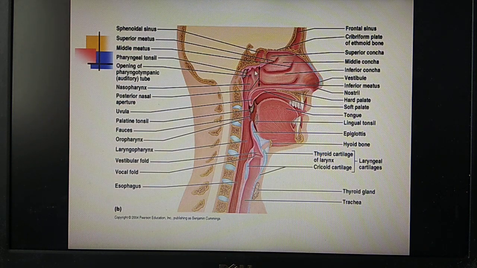Here you can see the common tract, and the small tonsils. As I told you, this is the hard palate, this is the soft palate, and this is the tongue.